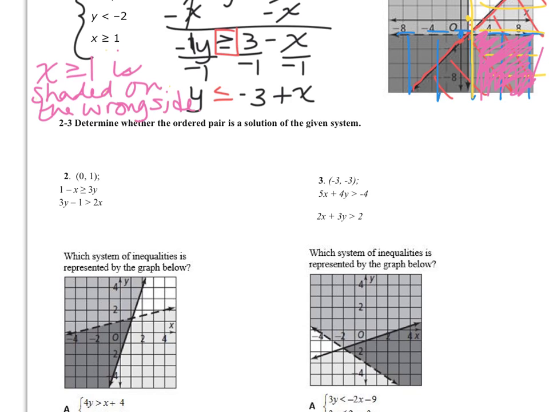All right, so let's plug in here. So number 2, my x value is 0. My y value is 1. So in the first inequality, I'm going to have 1 minus 0 is greater than or equal to 3 times 1.